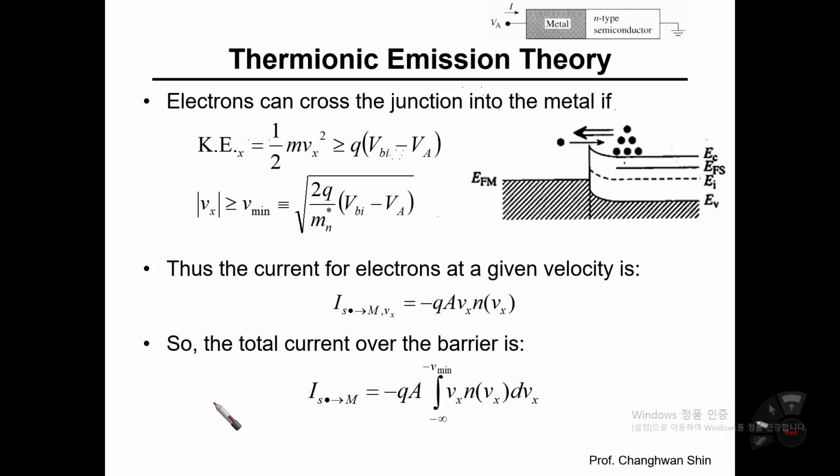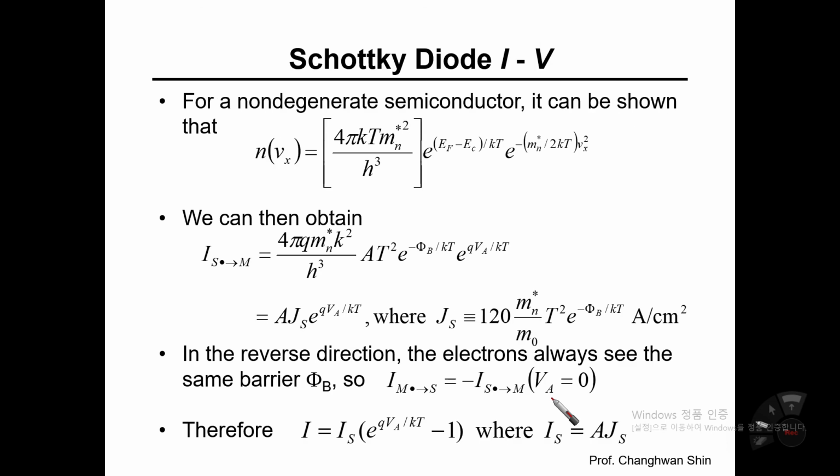So I guess time is almost over for this week. In the next week, I'm going to give you some more derivation steps for the diode equation. Let's take a look at the final result of this diode equation. The current across the MS diode is a function of applied voltage VA, and the IV relationship is exponentially dependent.